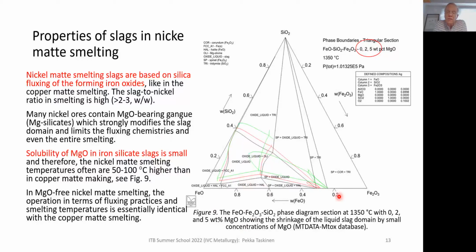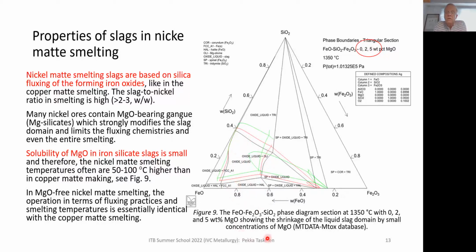So I have here the iron oxide silica, so FeO, Fe2O3, SiO2 phase diagram at 1350 degrees C, and this black line shows the molten domain of iron silicate slags from spinel, so magnetite saturation, to iron saturation, and from silica saturation down to FeO, so wustite saturation.